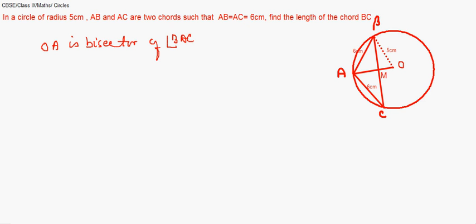Since the internal bisector of an angle divides the opposite side in the ratio of the sides containing the angle, therefore M divides BC in the ratio 1:1, right? So M becomes the midpoint of BC.